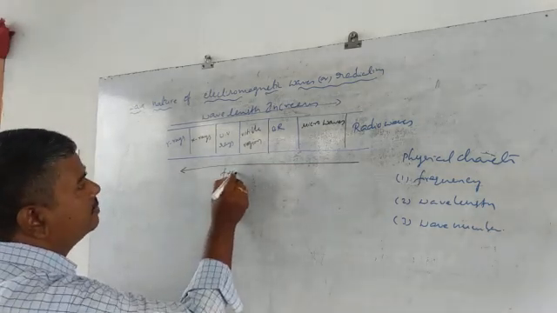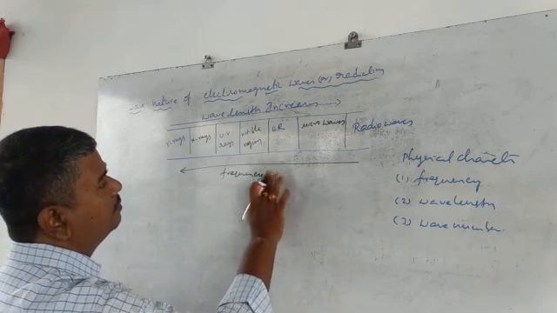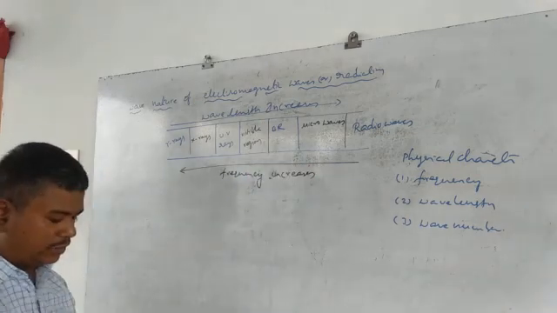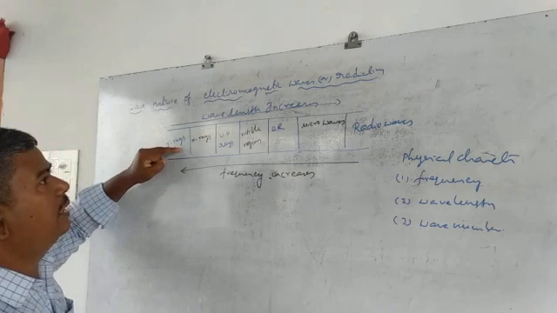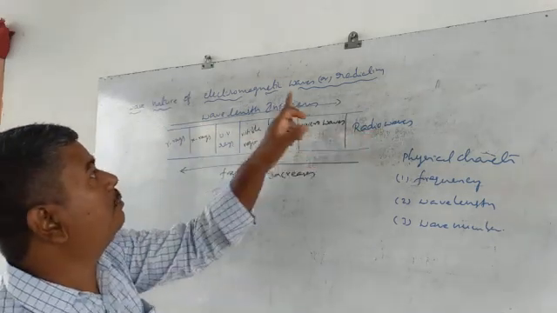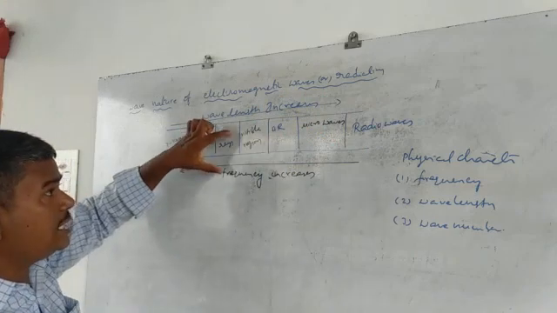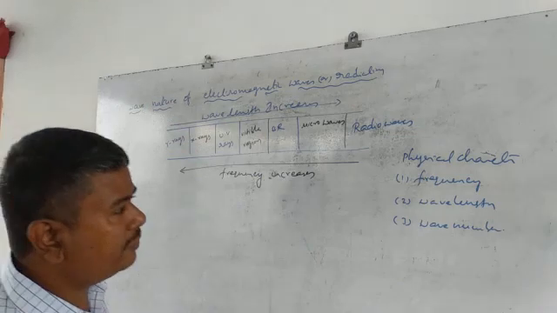Frequency increases. That means gamma rays have more frequency and radio waves have more wavelength. So here is a relation with the strength or the energy of the waves.